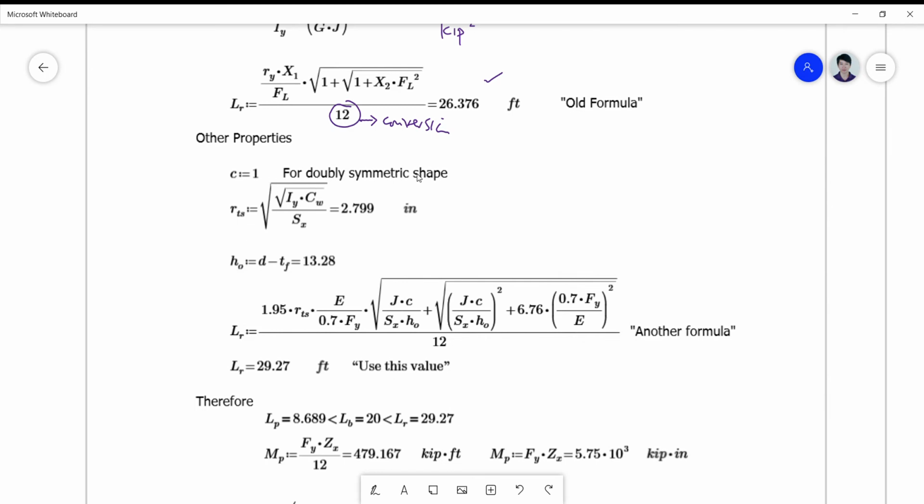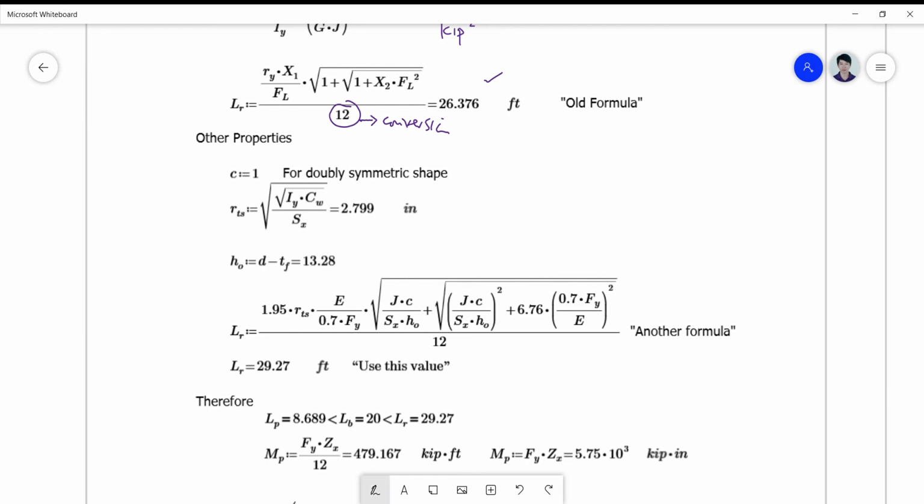So for doubly symmetric shape, C is simply equal to 1. RTS, which is the radius of gyration of the torsional element of the whole shape or whole section, is equivalent to this formula, and HO is again used to denote D minus TF.